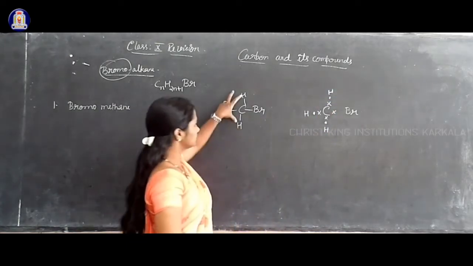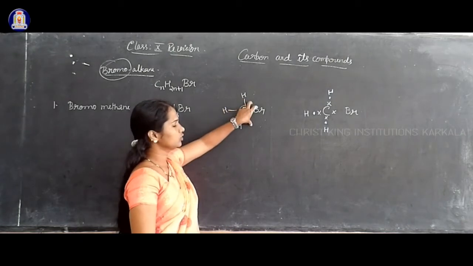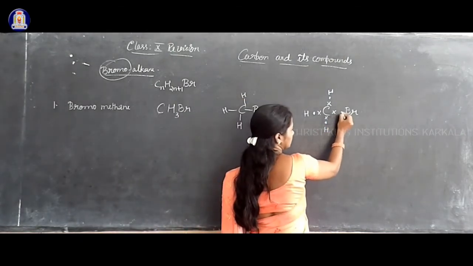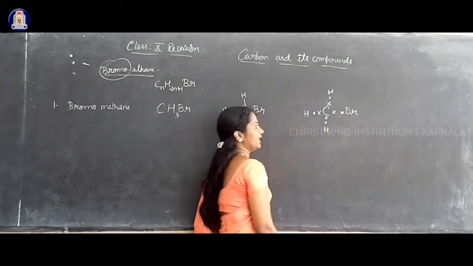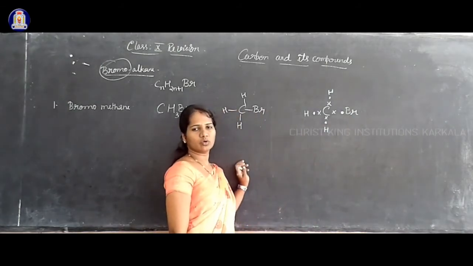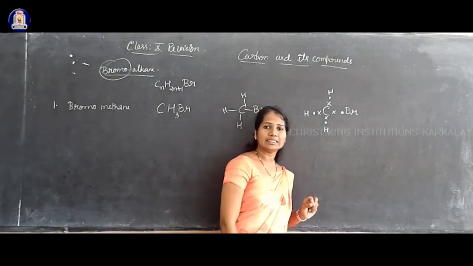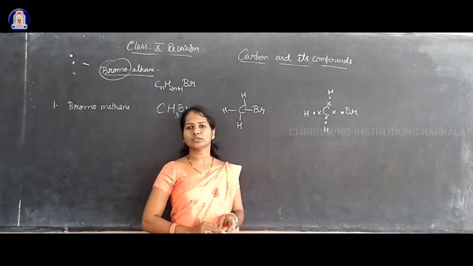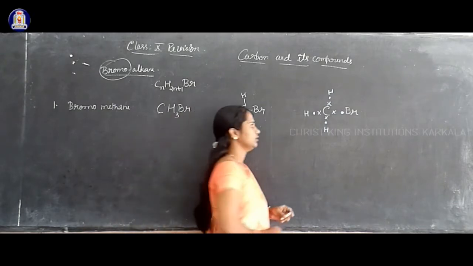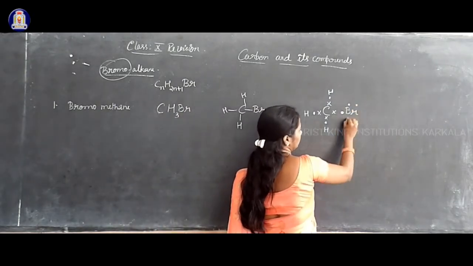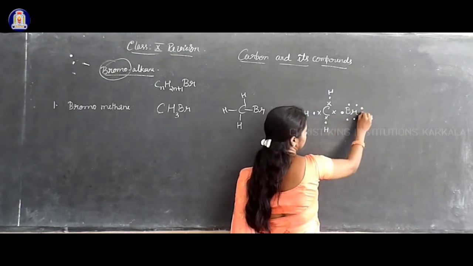This is the first structure completed. Now go to the CBr. The valence electrons of bromine, not valency, valence electrons, the number of electrons in the outermost shell, is 7. So in that, 1 electron I wrote here, 2, 3, 4, 5, 6, 7.